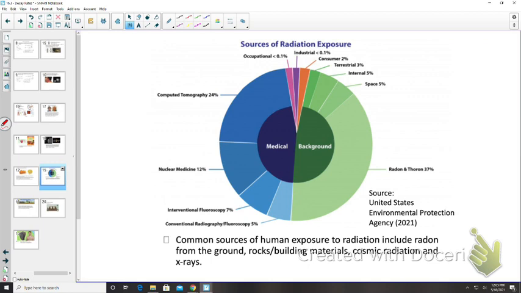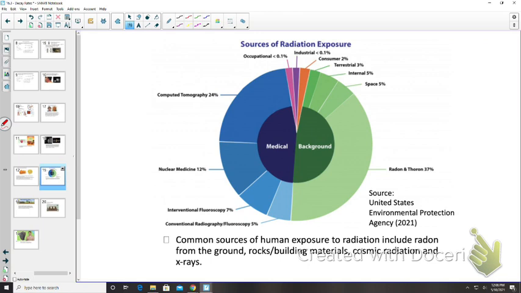That's going to be from the Earth's crust, which has radon, right? Earth is actually slightly radioactive. Radon and thoron will be emitted from the ground because those elements themselves are unstable. Okay, if you fly in airplanes a lot, you are exposed to more radiation because of those cosmic rays being emitted from the sun.